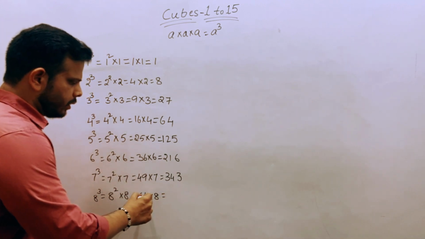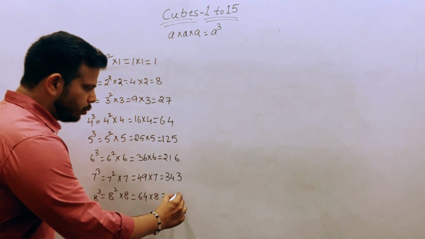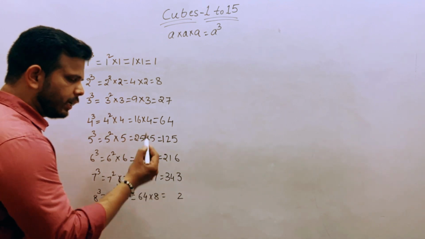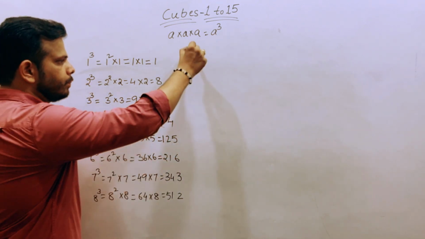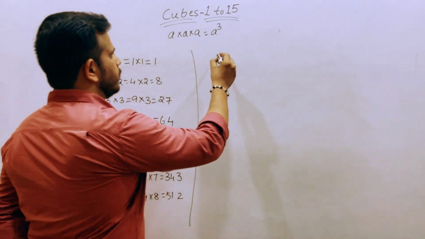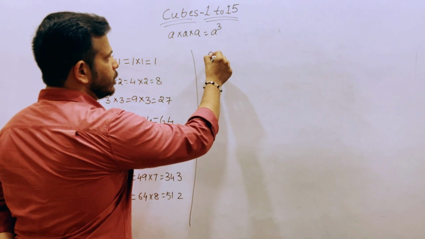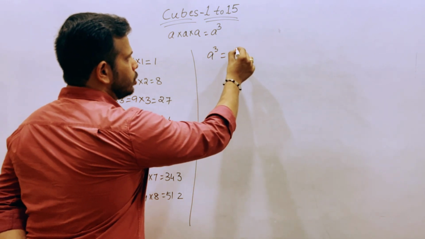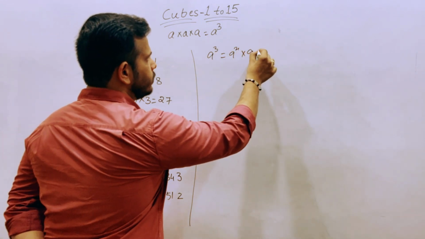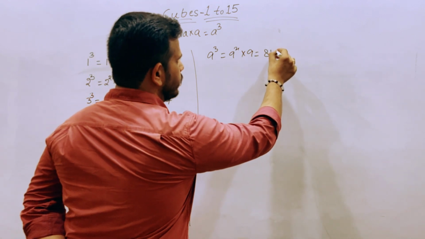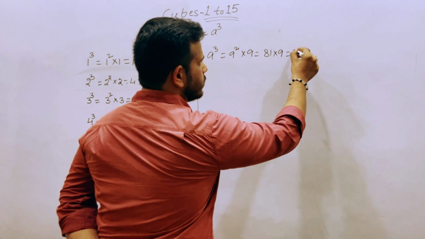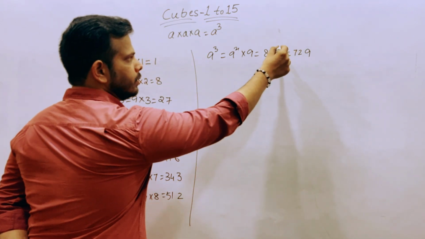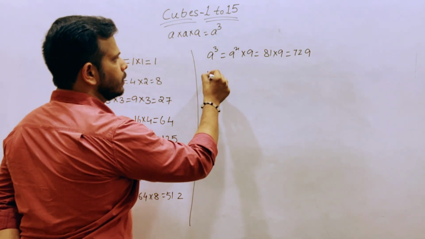Same concept. 8 4s are 32, 8 6s are 48 plus 3, 51, 512. Next, let's go for 9 cube. 9 cube is equal to 9 square into 9, 9 9s are 81, 81 into 9. Same, 9 1s are 9, 9 8s are 72. Simple.